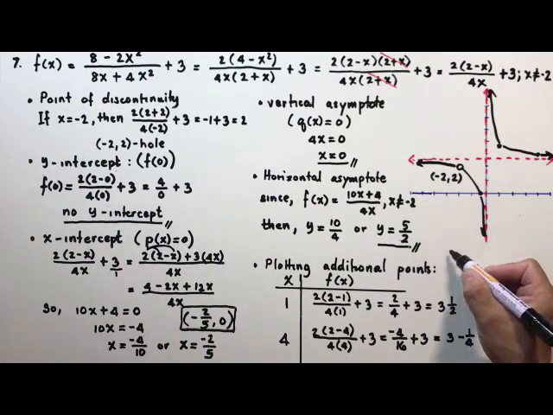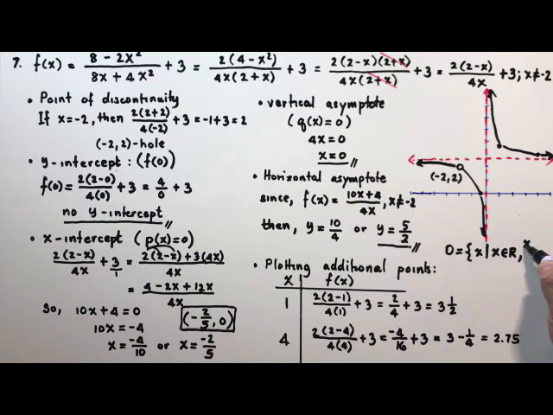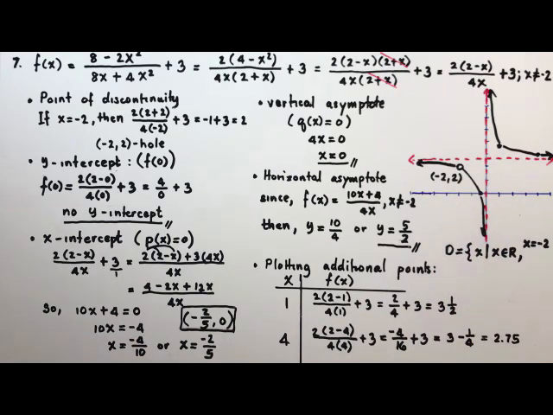So now we can find the domain of the function. The domain of the function is the set of all x such that x is a real number and x must not be equal to -2 because that is the point of discontinuity of the function. And also x is not defined at 0.